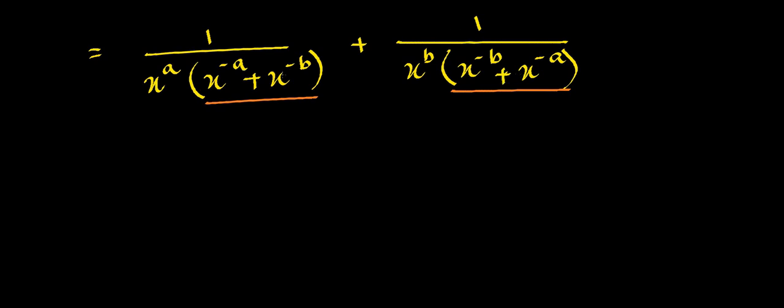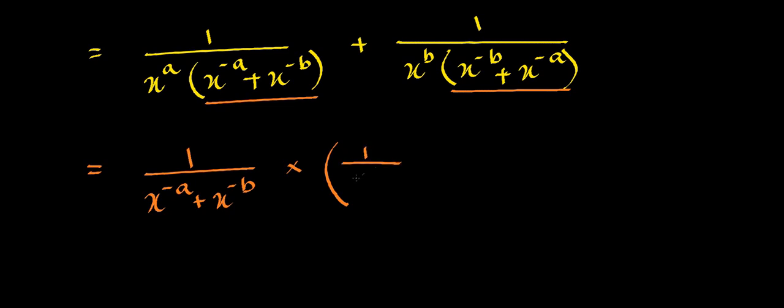So what do we do? We say that is equal to 1 upon x raised to minus a plus x raised to minus b into, into what? Into 1 upon x raised to a plus 1 upon x raised to b.